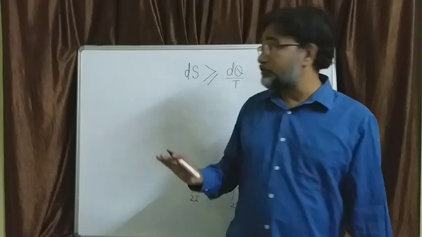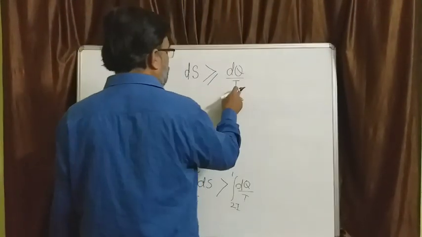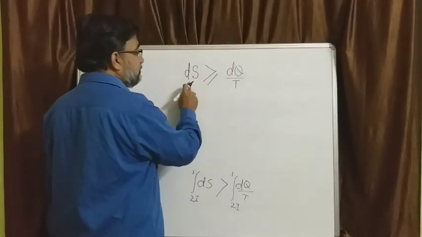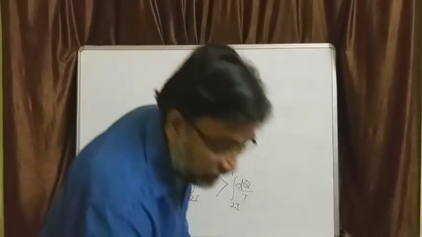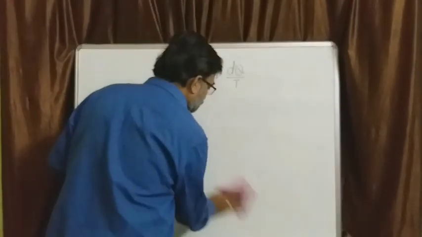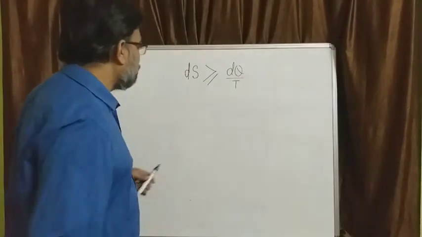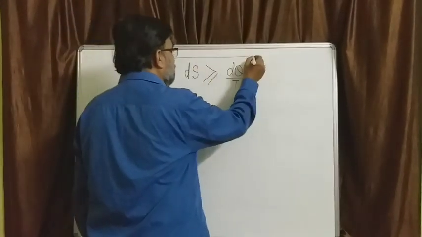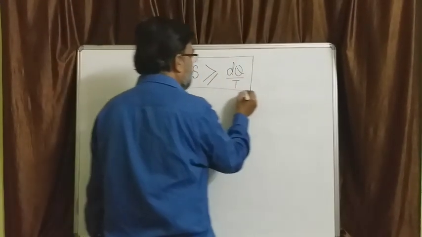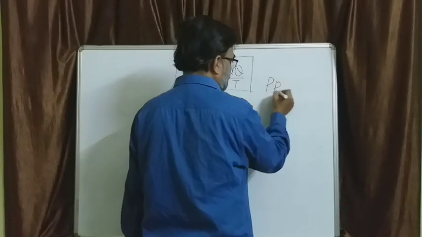For a reversible process, ds is equal to dq by t. For an irreversible process, ds is greater than dq by t. So this is the general statement which we need to understand and remember for a process.